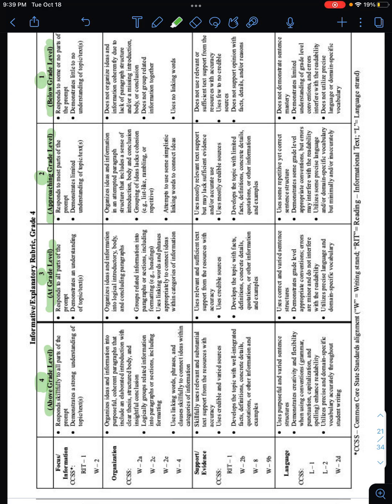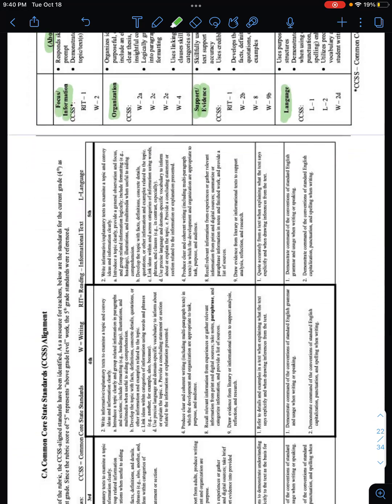Okay, for each one, in your essay, we're looking for focus, information, organization, support and evidence, and then language. Are you capitalizing letters? Are you using periods? Do you have multiple paragraphs? Okay, so we're looking for all of those.